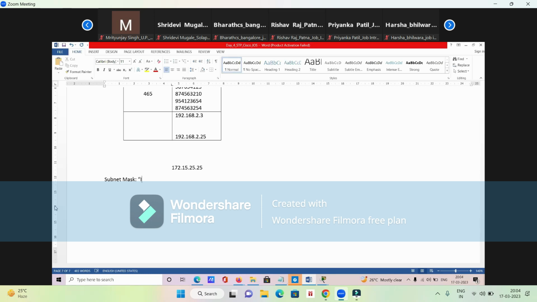Subnet mask is actually used to identify the network bits of an IP address. ओके, तो यहाँ पे नेटवर्क बिट कितने हैं ये गिवन आईपी एड्रेस से हम पता कर सकते हैं.